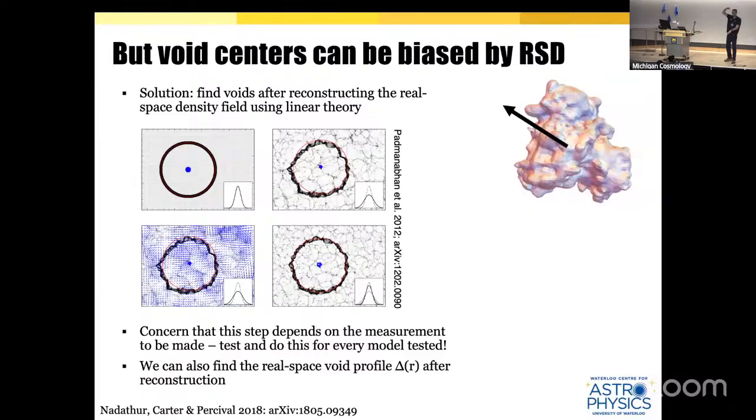So now when you model them, you have to allow for the fact that if you've got the redshift space distortion model wrong before you find the voids, your voids are now biased in some way, and it all gets very complicated. Now we think we know the answer to this one, which is to do reconstruction before you find the voids, and in the same way that it moves all of this structure back, it helps remove the RSD effect from void finding.